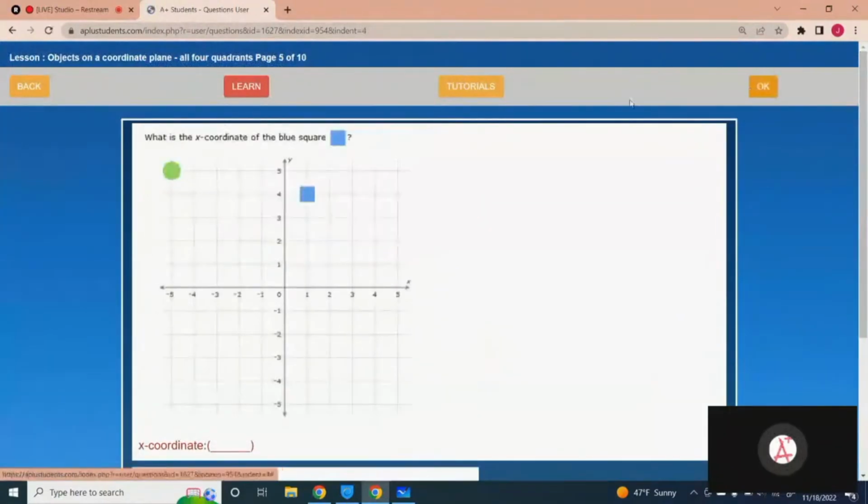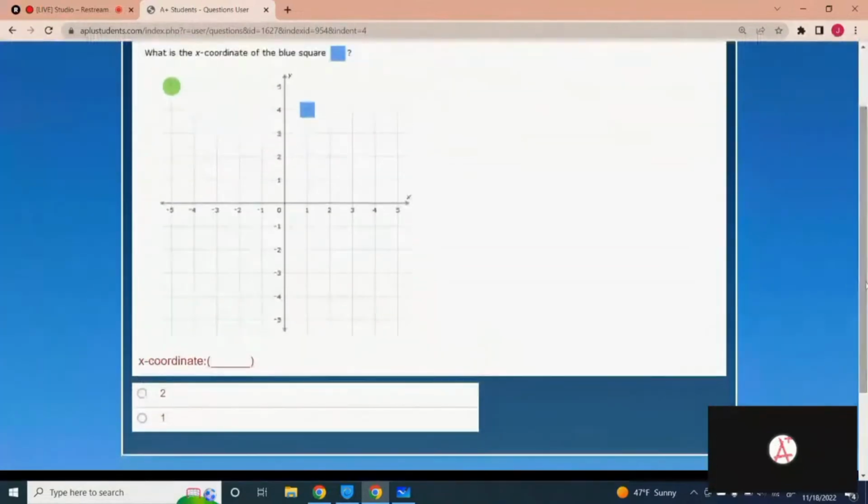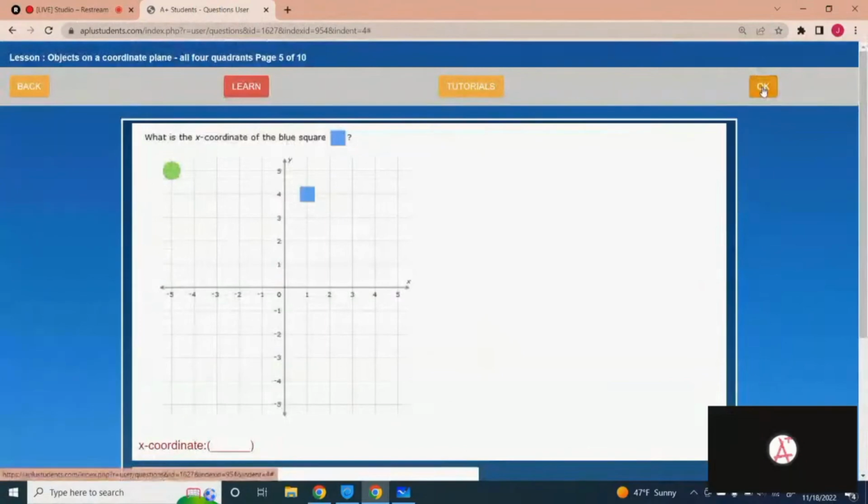Okay, the next one is what is the x coordinate of the blue square? Here is the blue square. So the x coordinate is 1. Got it? Just select the correct option then click on the OK button.